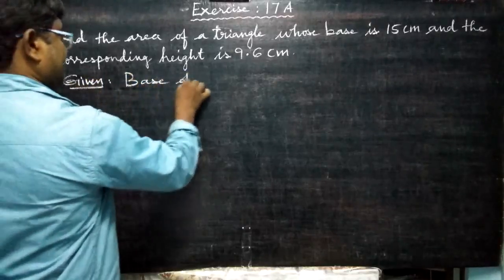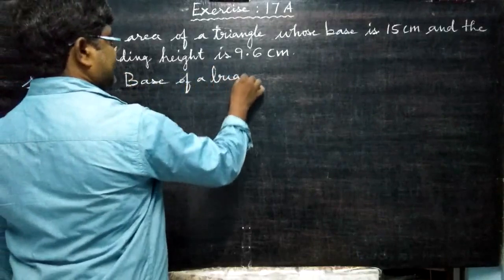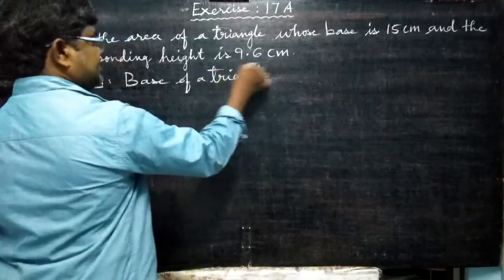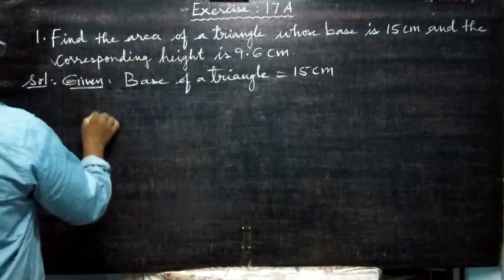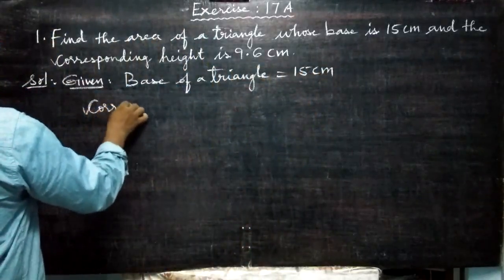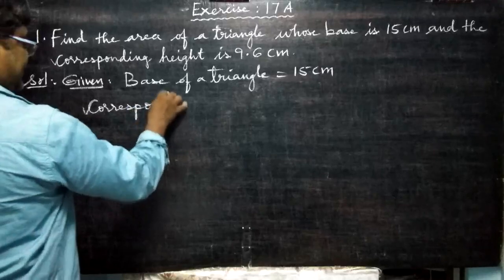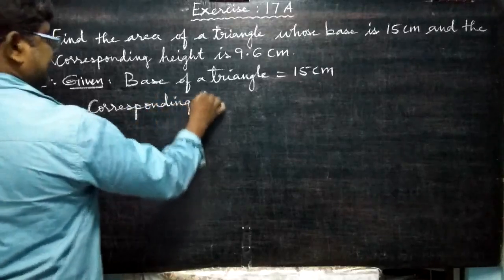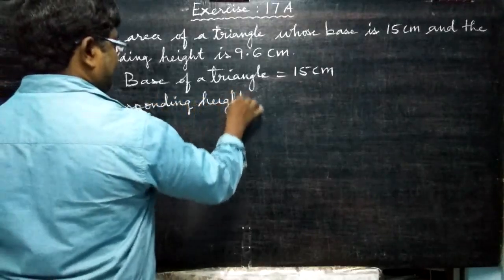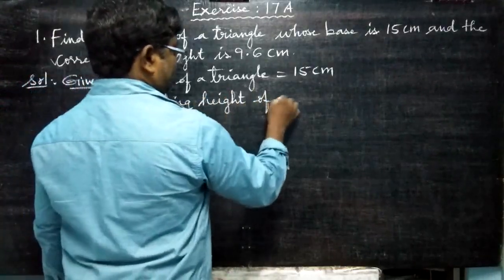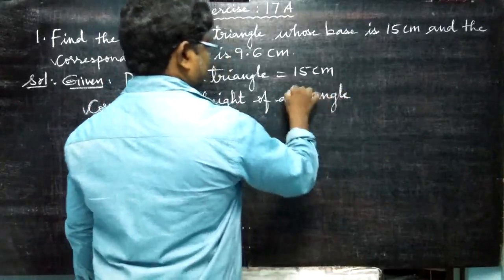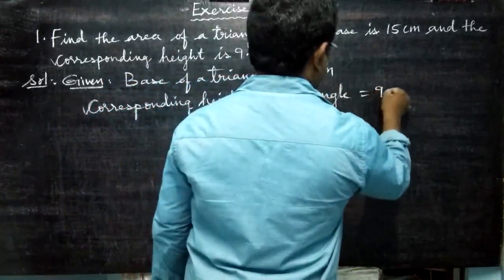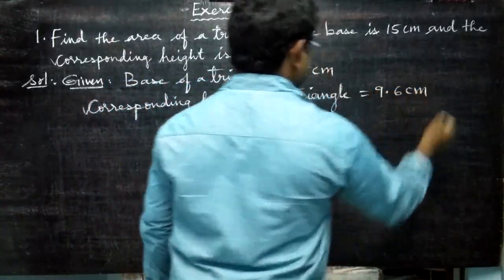Given: base of the triangle is 15 centimeters, and the corresponding height of the triangle is equal to 9.6 centimeters.